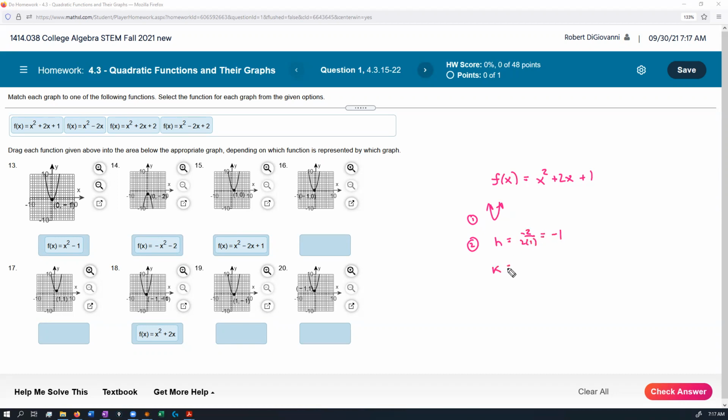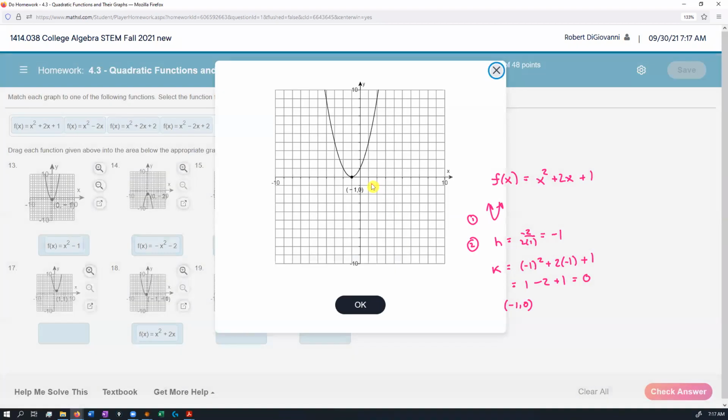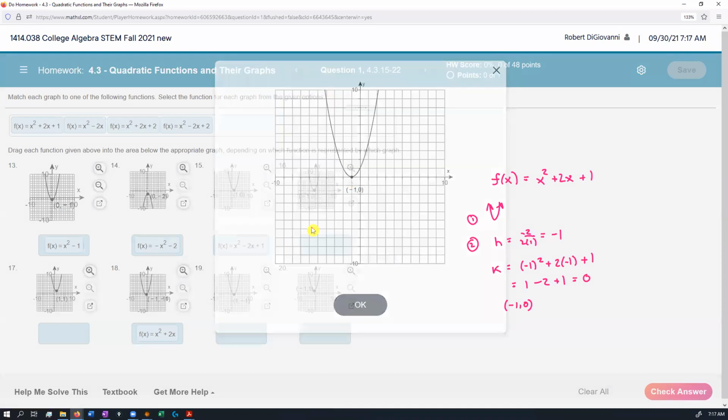And if I plug negative 1 into the function, I get negative 1 squared plus 2 times negative 1 plus 1. So this is 1 minus 2 plus 1. This should give me 0. So I have a vertex of -1, 0. And looking at here, this one right here, -1, 0 is the vertex. Hard to see it there, but that looks like the only one it could be. Yeah, let's go with that.